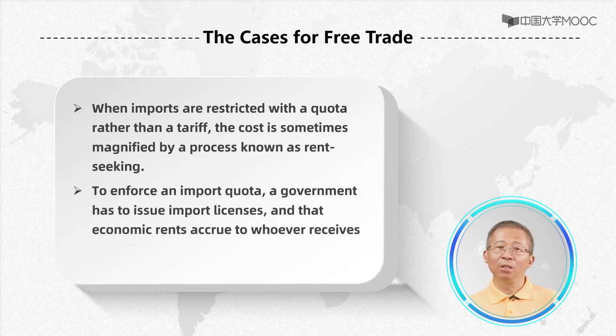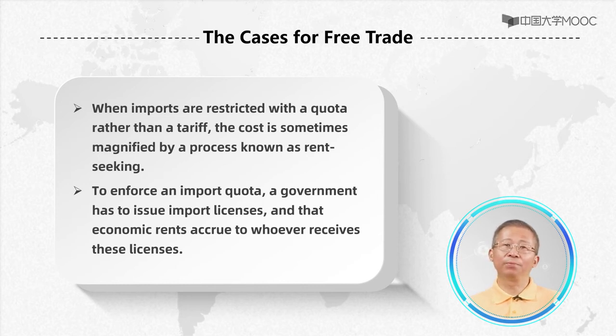To enforce an import quota, a government has to issue import licenses, and economic rents accrue to whoever receives these licenses. In some cases, individuals and companies incur substantial costs, wasting some of the economy's productive resources in an effort to get an import license.